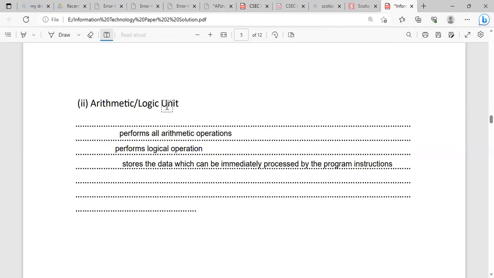All right, so just to recap, it performs all arithmetic operations, performs logical operations, and stores the data which can be immediately processed by the program instructions. All of these are arithmetic logic unit functions. They did ask for two, but we gave three.